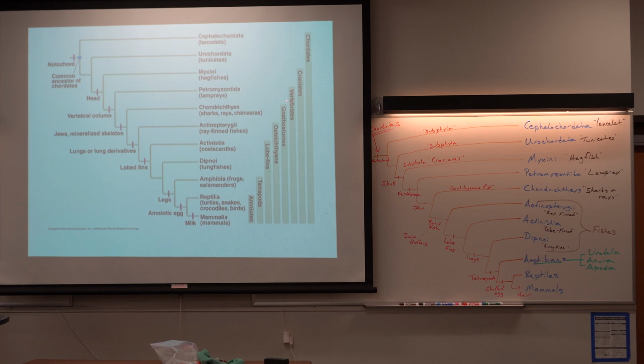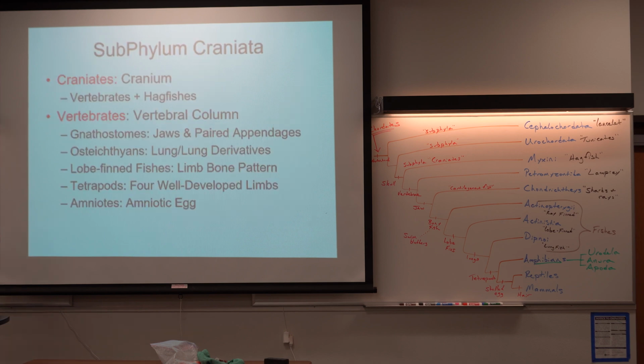This vertebrate clade describes organisms that have a mineralized backbone. Notice that if you have a mineralized backbone, you already have a skull. So again, the subphyla Craniates includes all of the vertebrates as well as the hagfish. Hagfish are not vertebrates. They don't have a vertebrae, but they do have a cranium. Vertebrates have a true vertebral column.